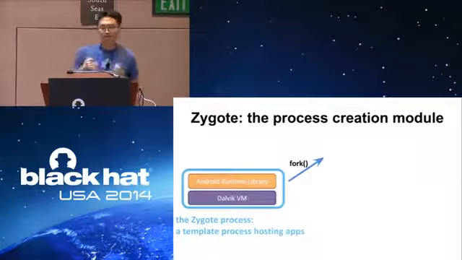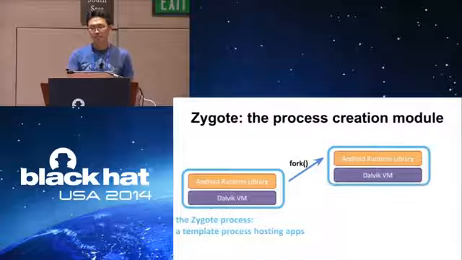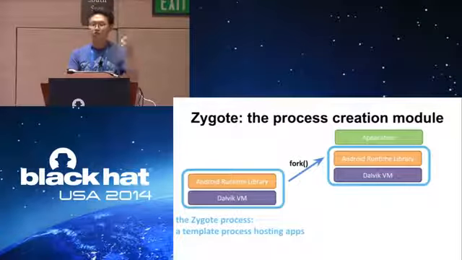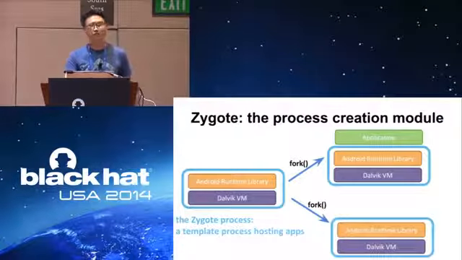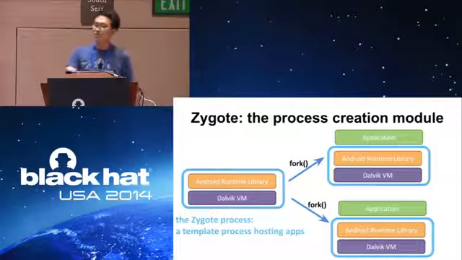Every time you want to create an application, you simply fork. Then you have two identical instances, and you execute the application on top of it. If you want to create another application, you fork again and execute again. So this is going to be really fast.